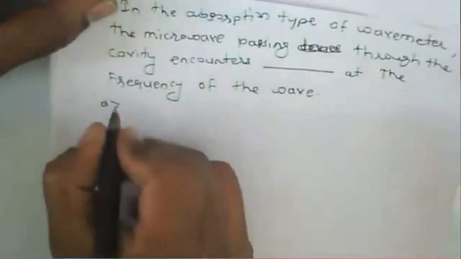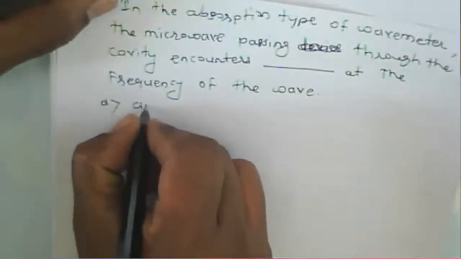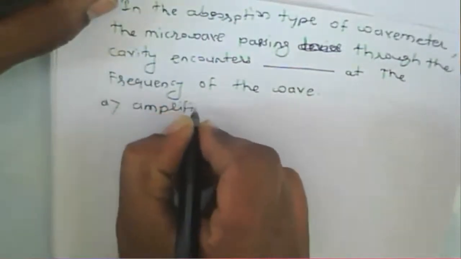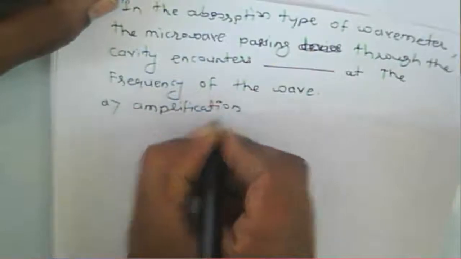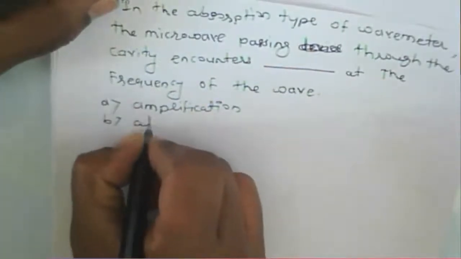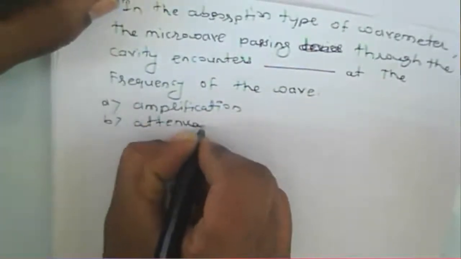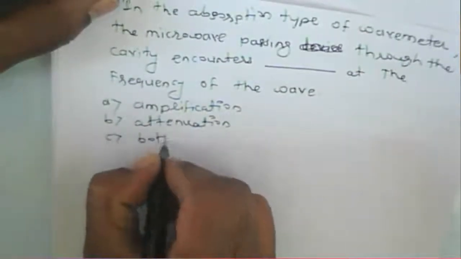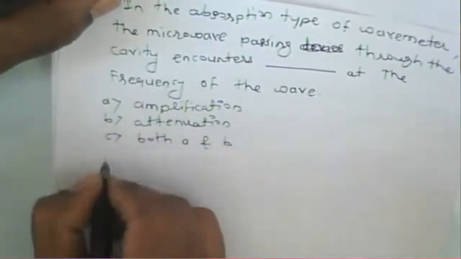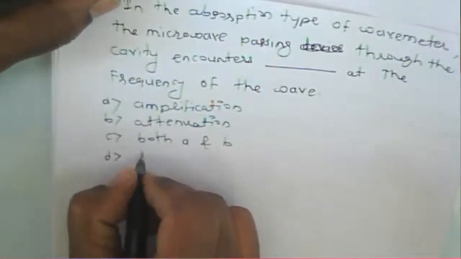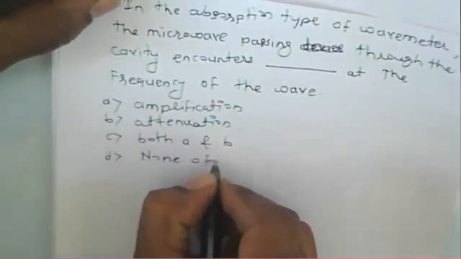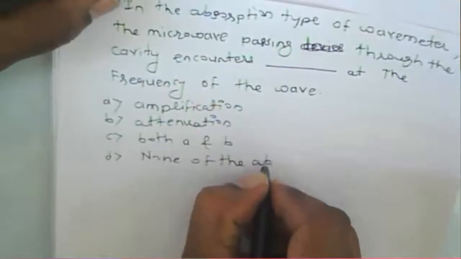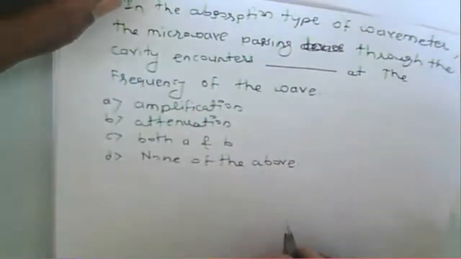Now the answer for this: A is about the amplification, then B attenuation, then C both A and B, and D none of the above.